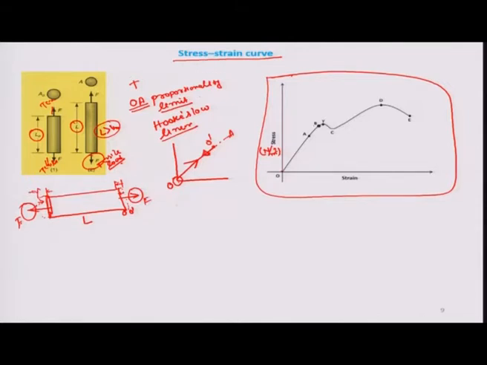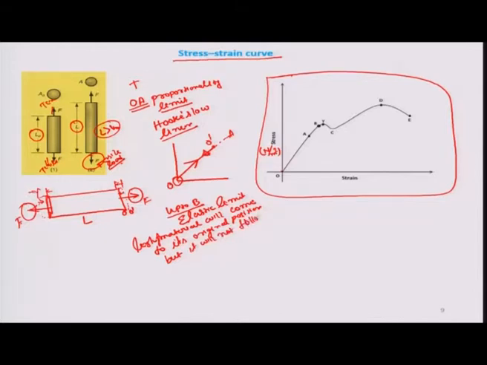And up to point B, that is the elastic limit, means after removal of applied load, the length of material will come to its original position but it will not follow Hooke's law.